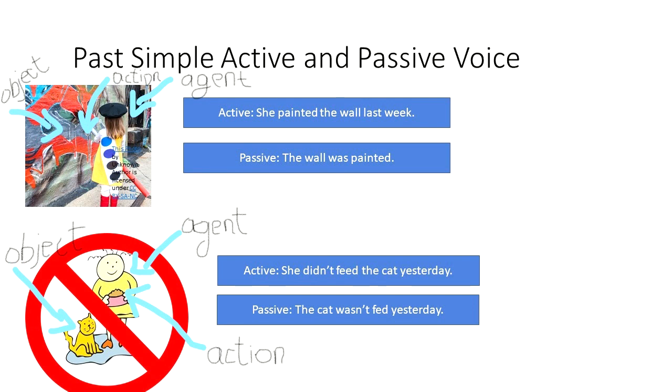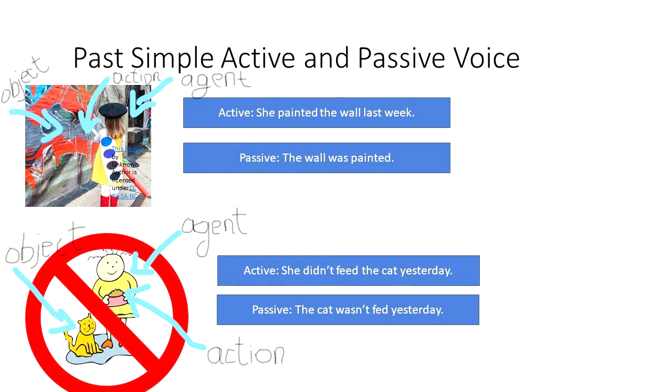However, if we take another look at the picture, the first thing we see is the object, the wall, and then we see what has been done to the object, or the action. Was painted by the agent is something that we are not interested in. So, let's put it together.